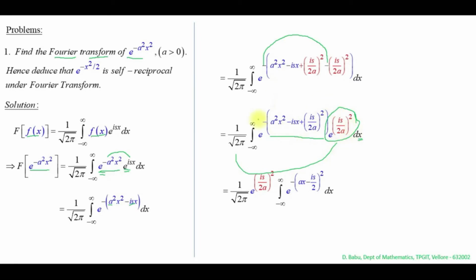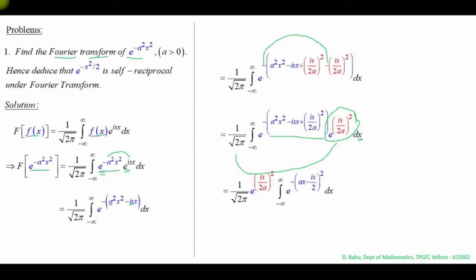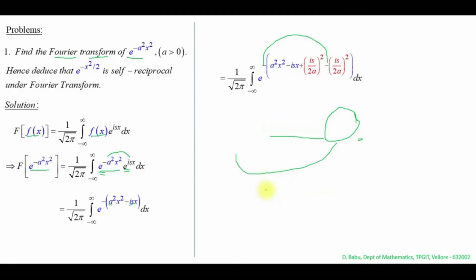You can check it yourself, which equals 1 divided by square root of 2 pi. So i square is minus 1, 2 square is 4, a square is a square, that is minus s square by 4a square.